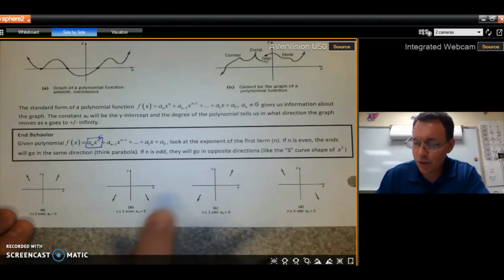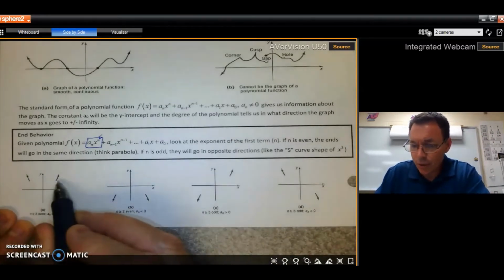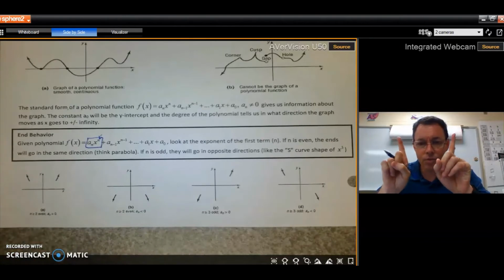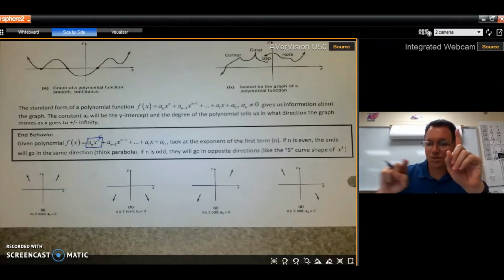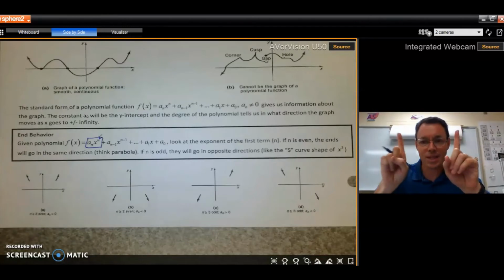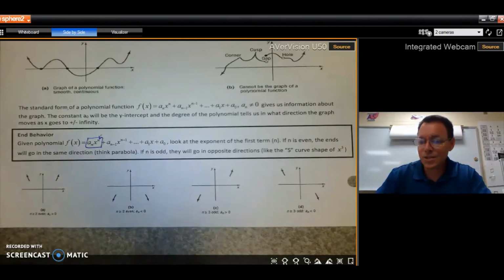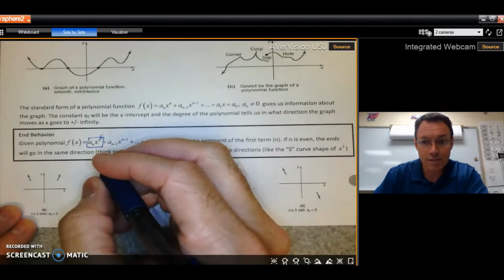All right, so first off, if the ends of your graph are going up and up, think about a graph that you know where the ends go up and up. Are you thinking of a parabola? You should be. A parabola has this U shape, and the ends go up and up. That's an even power, so x squared.